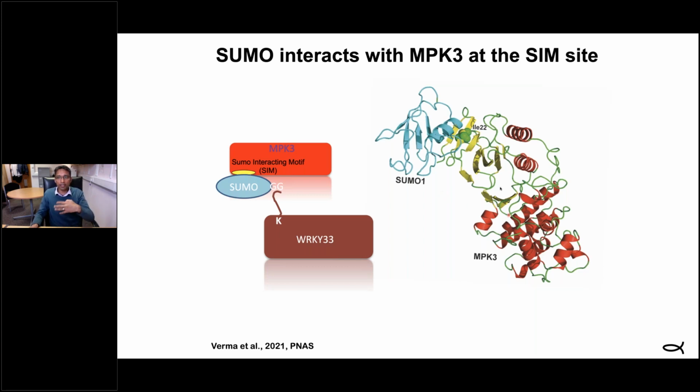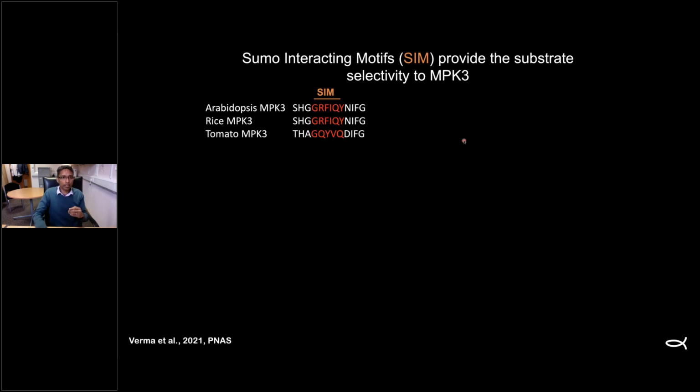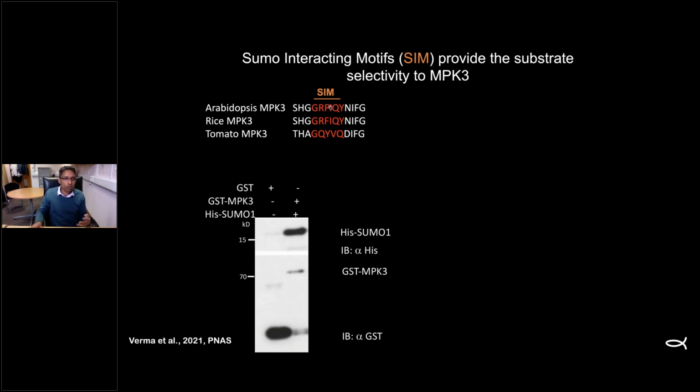We modeled that in MPK3 with SUMO1 to identify the very specific SUMO interacting motif within the MPKs. We identified it and mutated the isoleucine, and that's what this slide is showing. This is the SIM motif, and we can mutate this very specific isoleucine. Then we can show that SUMO binds to MPK3 in vitro.